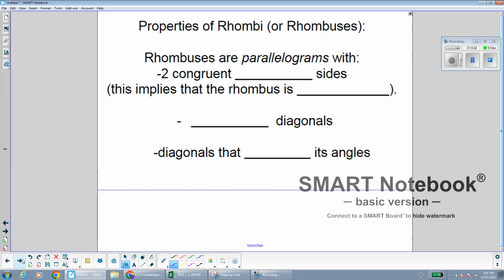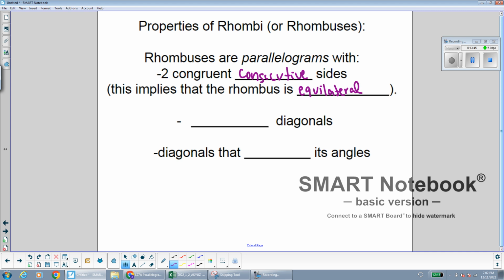So here we have our extra special properties of rhombuses that make them more special than regular parallelograms. Rhombuses are parallelograms with two congruent consecutive sides. As we just saw, this implies that the rhombus is equilateral, because all the sides are equal.